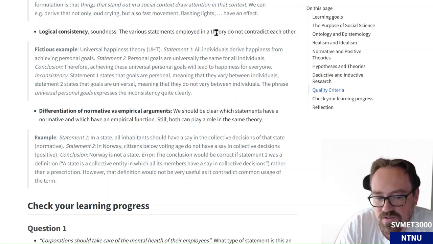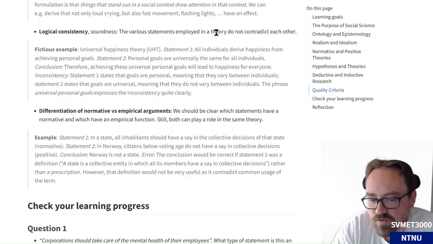And that's not because the two statements are untrue, but because the conclusion from them works differently. The conclusion would be correct if statement 1 was a definition rather than a prescription.